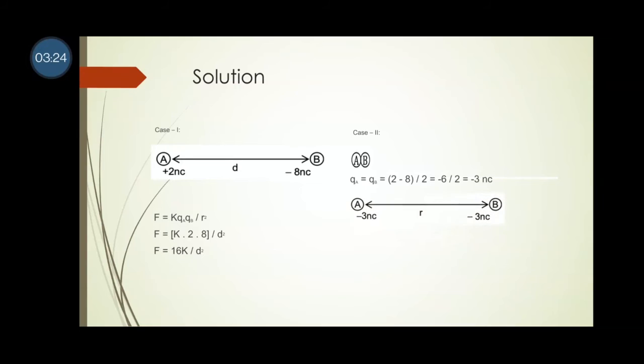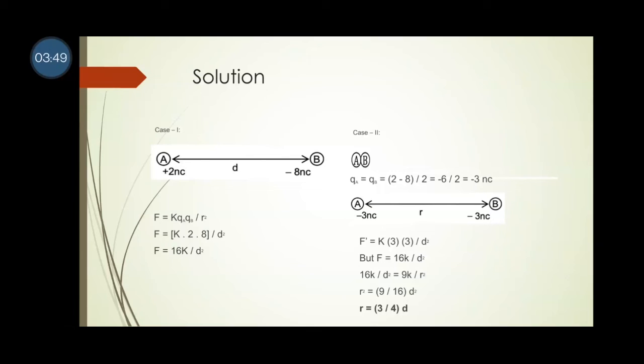So the distance between them will be r and both will have the same charge, minus 3 nanocoulomb. Substitute in the force equation, you will get force is equal to 9k divided by r square, where d is replaced by r.